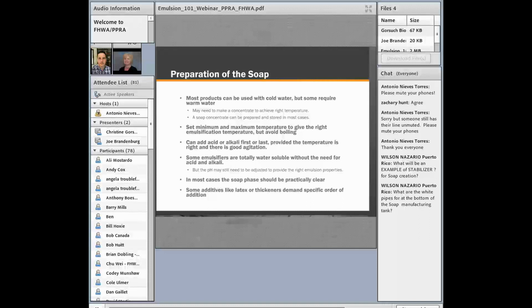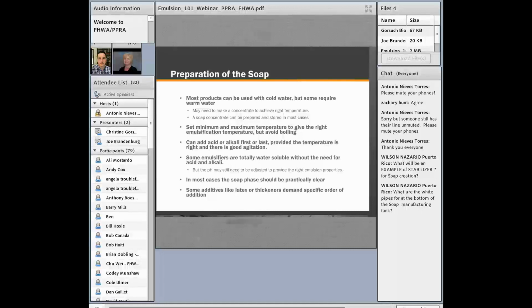So when you make up your soap, also depending on the emulsifier, you can either add your acid or your alkaline first or last. I think in most cases, how we start making up our soap solution is we start with warm water. We add X amount of percent of our alkali or acid. Then we introduce the emulsifier, begin to react it, to protonate it, and then we top off the tank with water, and then from there we can pH up or down based on what we're trying to make.